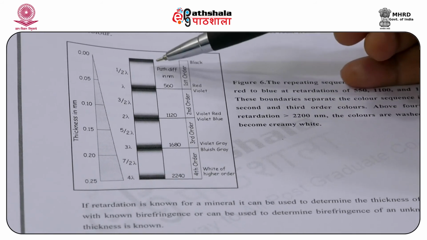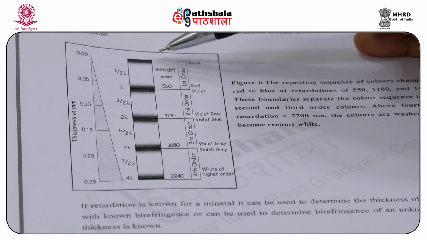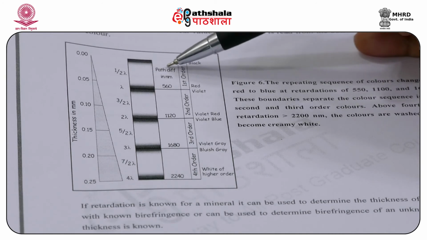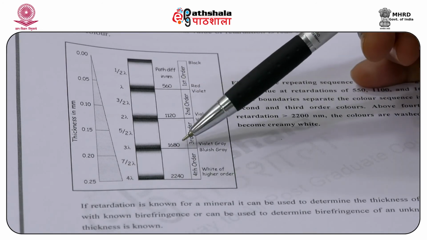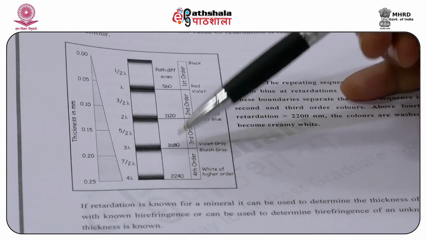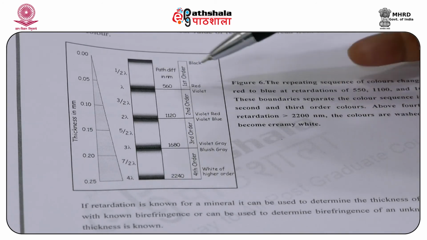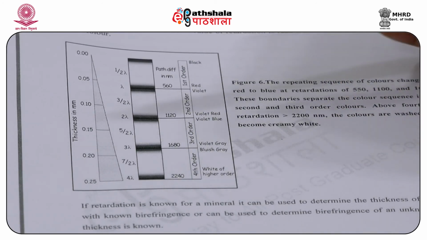Here also you can see a scale wherein we have the retardations marked as 560 nanometers, 1120, 1680 and 2240. All these are zones of darkness, that is, where we are seeing no color passing out of the upper polarizer because of the rays interfering destructively and resulting in no colors.